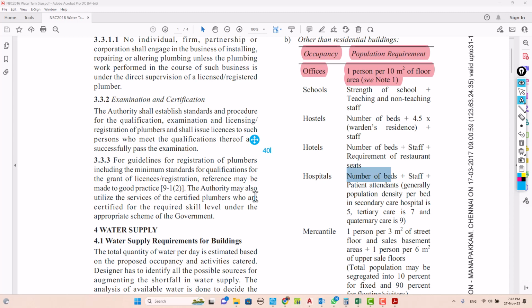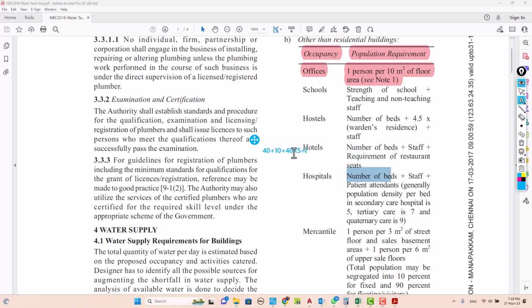Then 40 plus staff, suppose staff is 10, and patient attendance: if the hospital is a secondary care hospital, then 5 per bed, so 5 into 40, because 40 is the patient beds and 5 is the per-bed attendance.